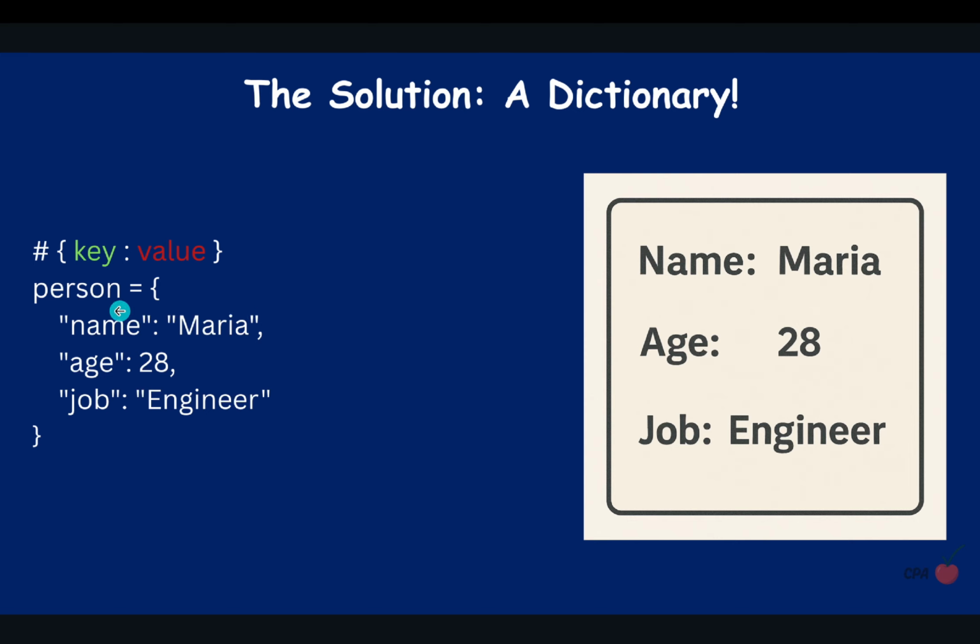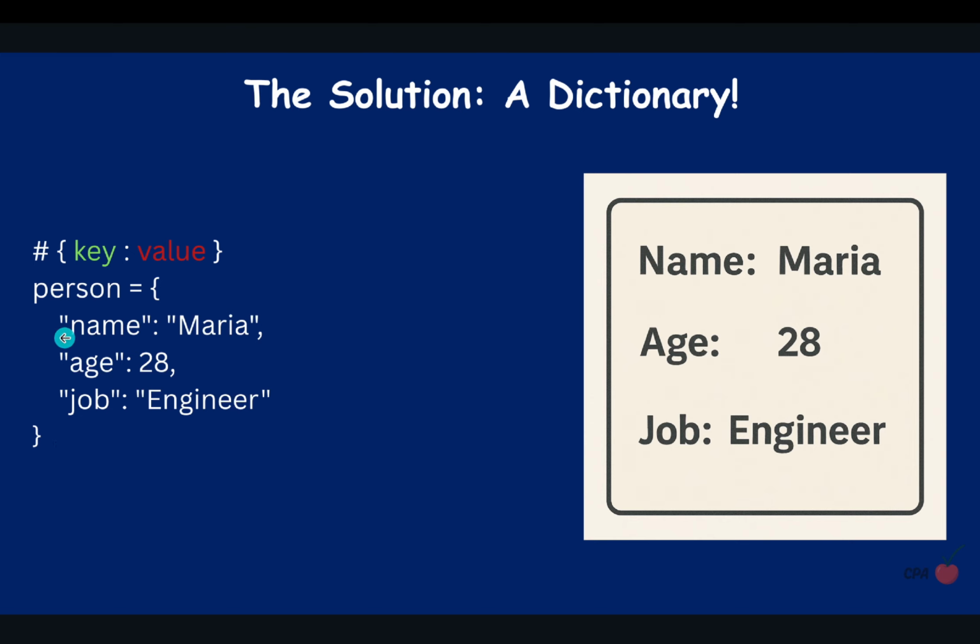The way we define dictionaries in Python is very simple. We have a key, for example, name, and the value, in this case, Maria. So let's say we want to save the information about the person. We define a variable called person, and then with the equal sign, we open these curly brackets. The curly brackets in Python mean that we're defining a dictionary.